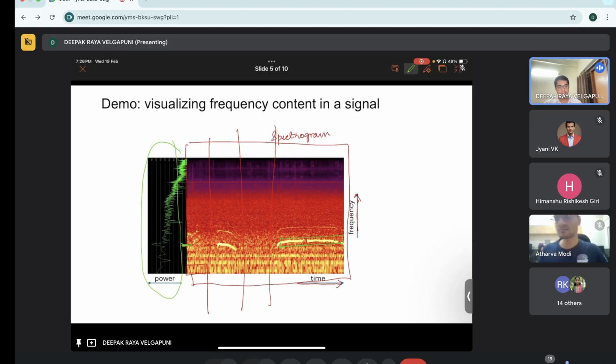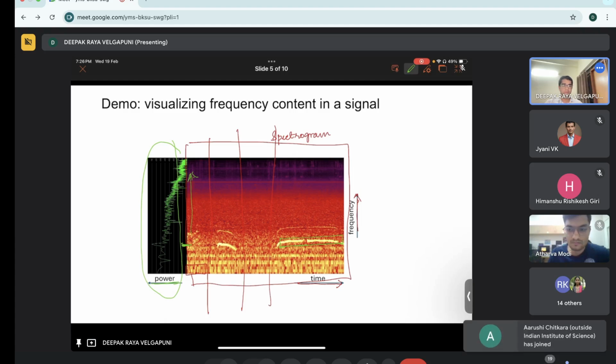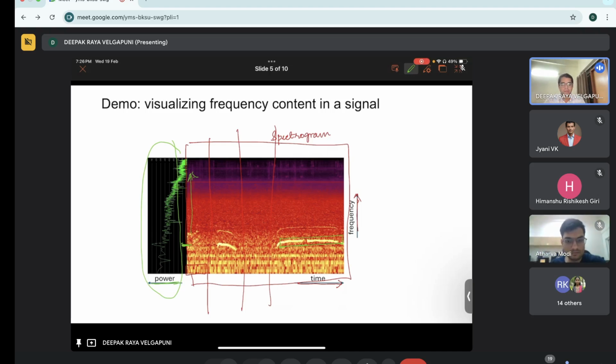So this is the frequency axis for this green plot here, and this is the power. Is this kind of visualization clear? This is nothing but, in segments of the time signal, we are seeing what is the frequency content. So these are the two visualizations of how to see the frequency content or spectral content in a signal.